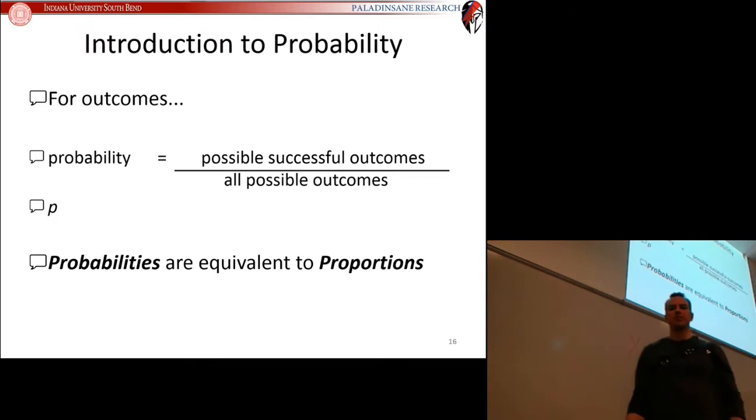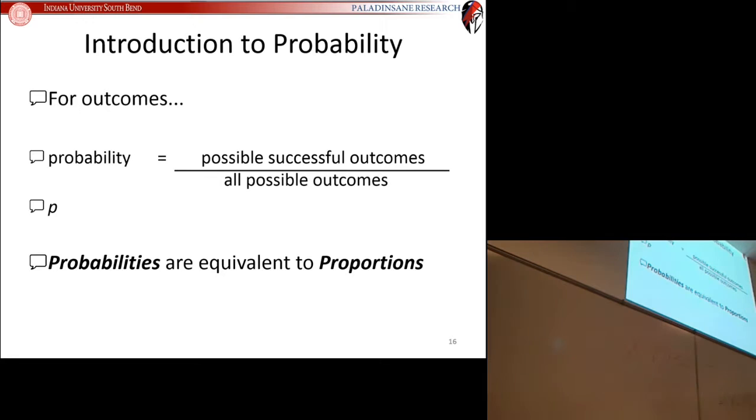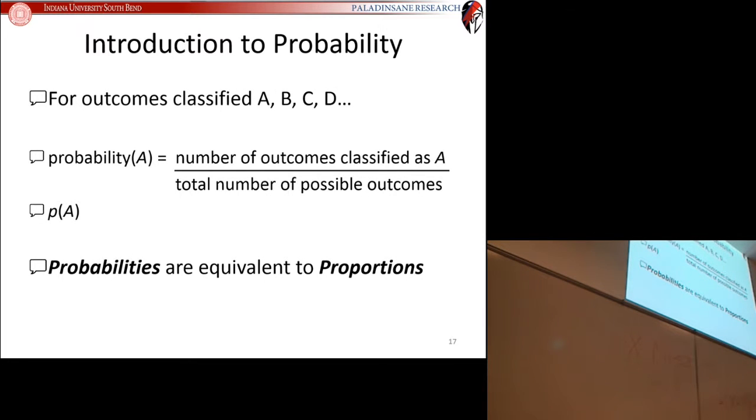So let's get into just a little bit more terminology, just because you might see these mentioned somewhere and I want to make sure you know what they mean. If you have outcomes that are classified in different ways, so you've got A, B, C, or D, and so on and so forth. For example, rolling dice, you've got an outcome of 1, outcome of 2, outcome of 3, outcome of 4, multiple outcomes. The probability of A in brackets means the probability of A occurring. So if you've got P of A, don't read that as P of A, read that as the probability of A occurring.